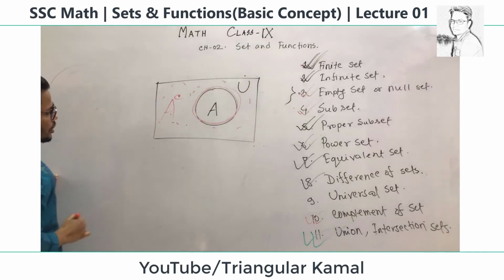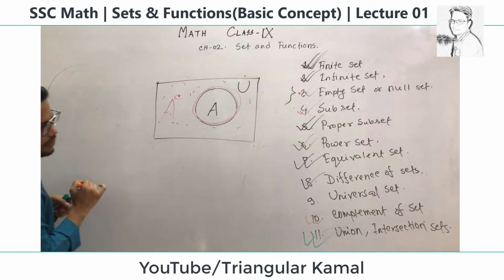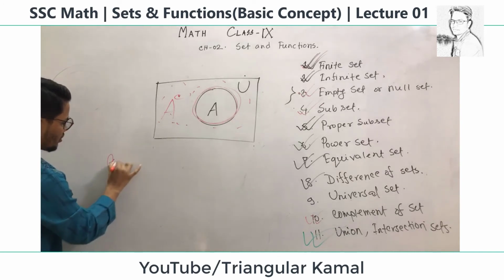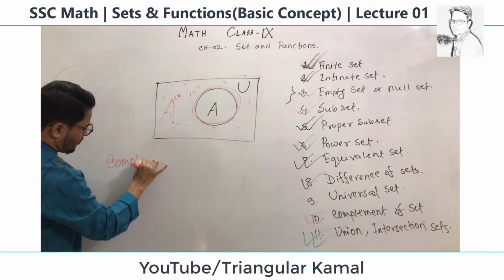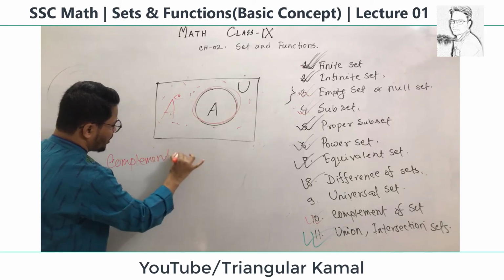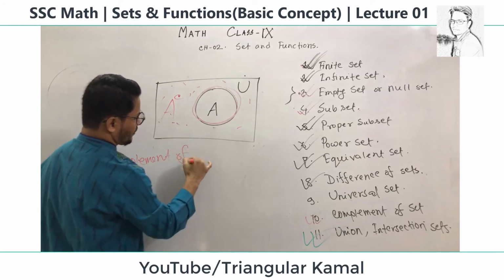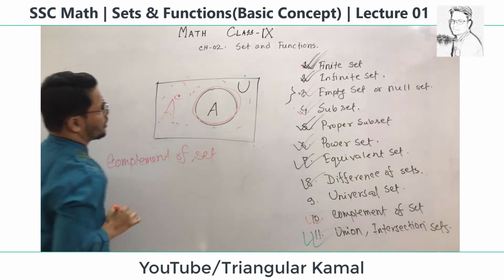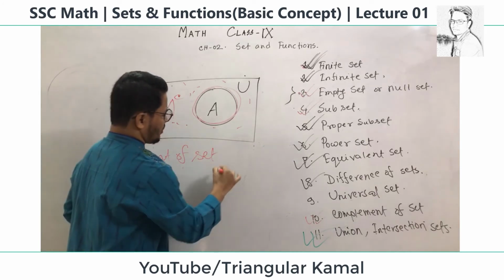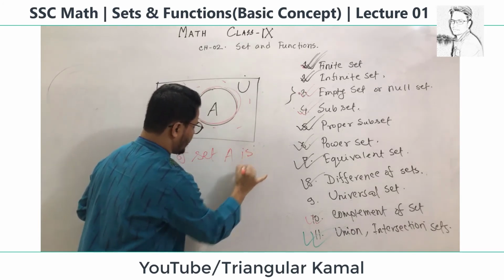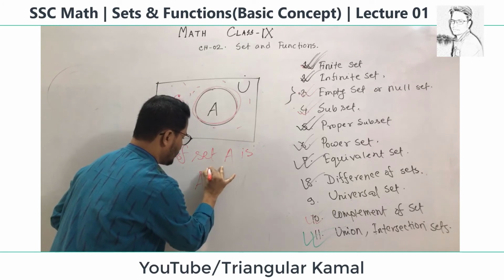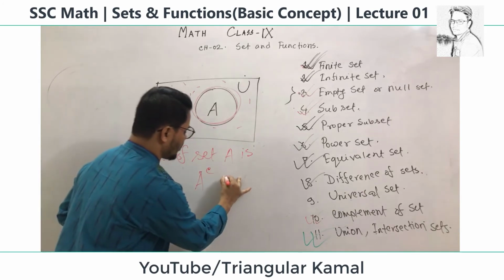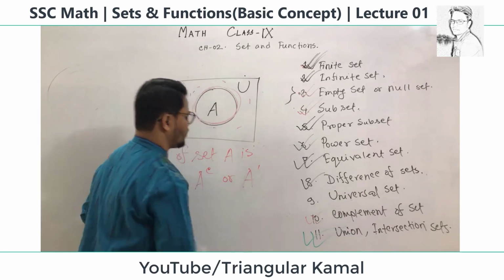This is the complement. So this one is the complement of the set. The complement of set A is A to the power C. Sometimes you can write here A prime.